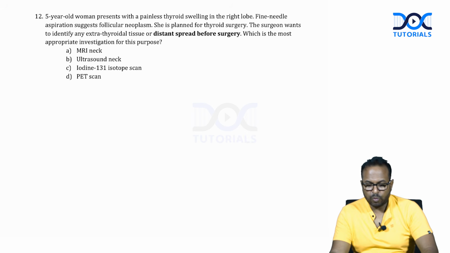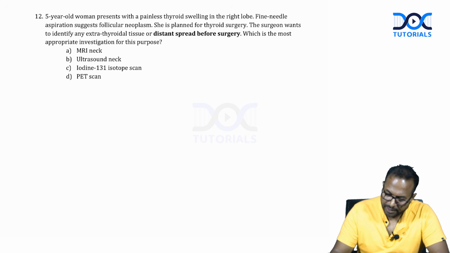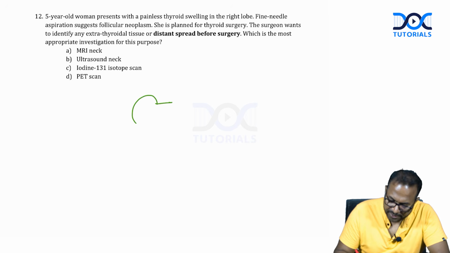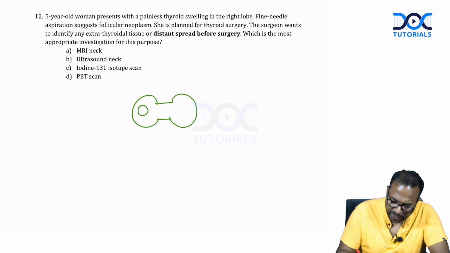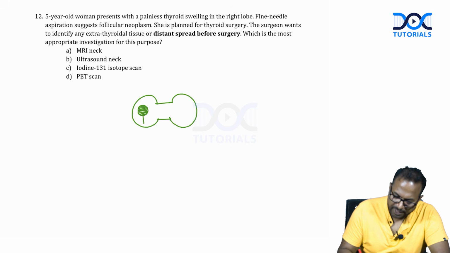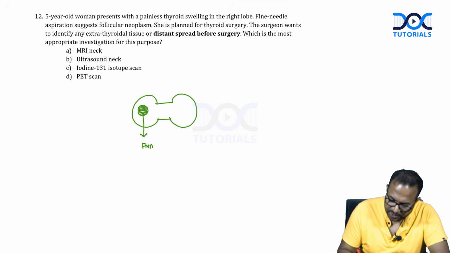So a 55-year-old woman presents with a painless thyroid swelling in the right lobe. FNAC shows a follicular neoplasm. So please remember, FNAC can only show you it is a follicular neoplasm.